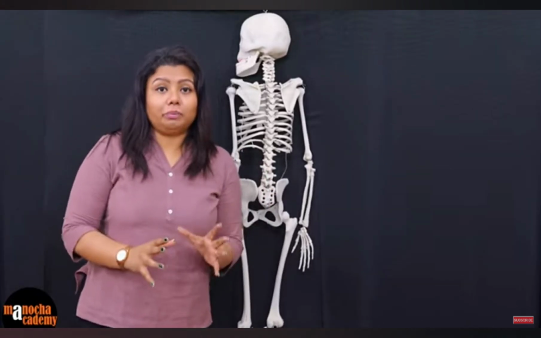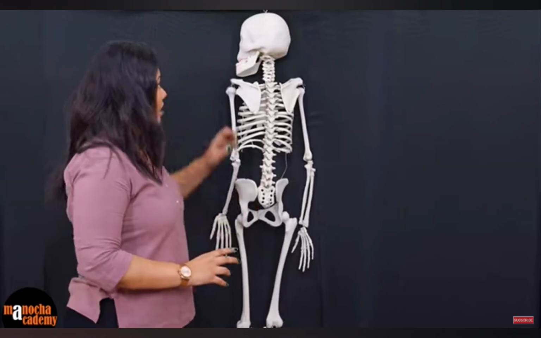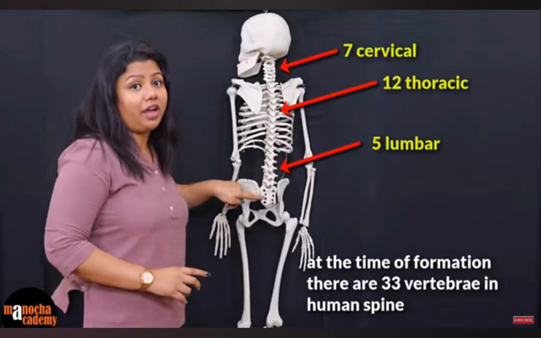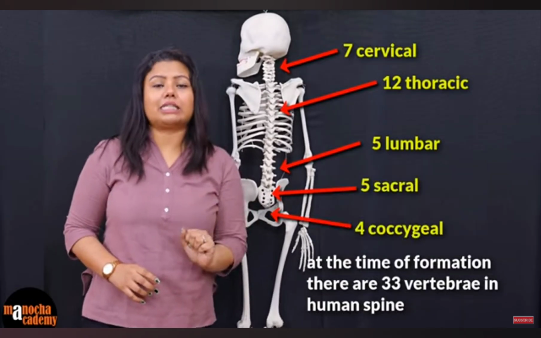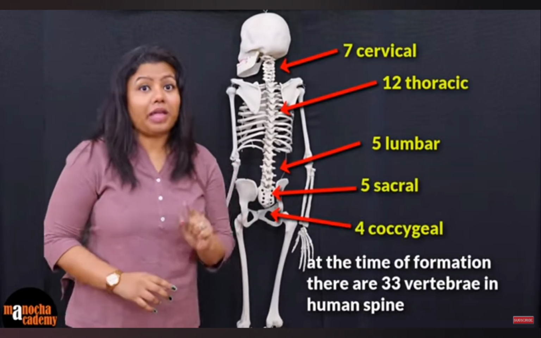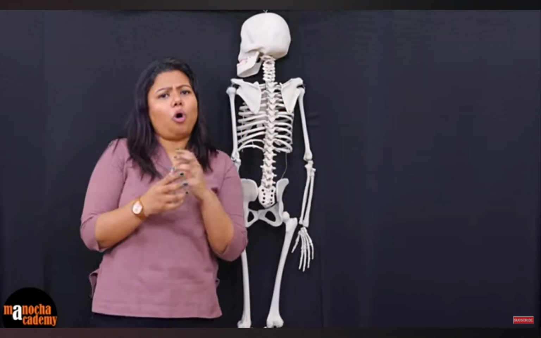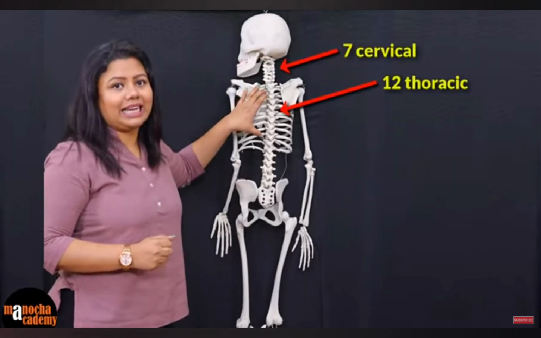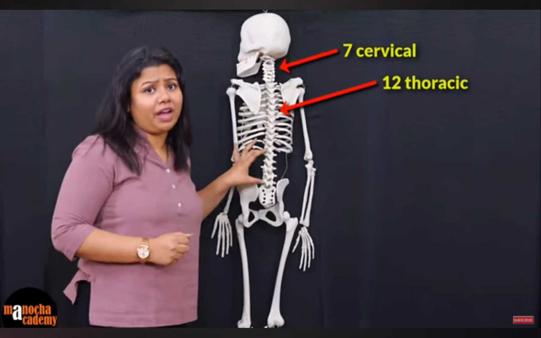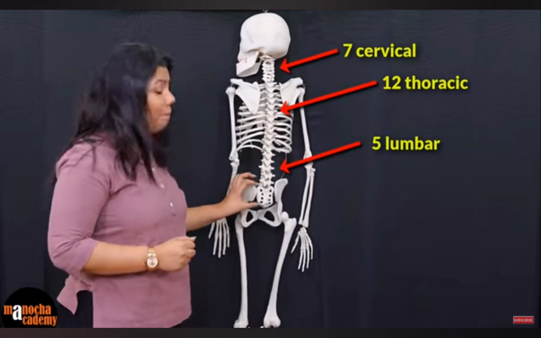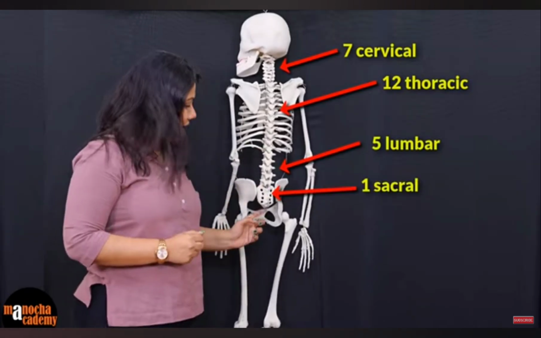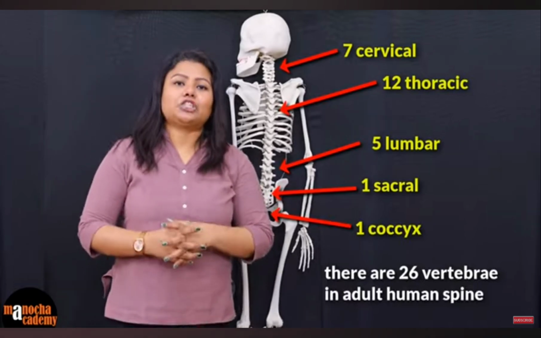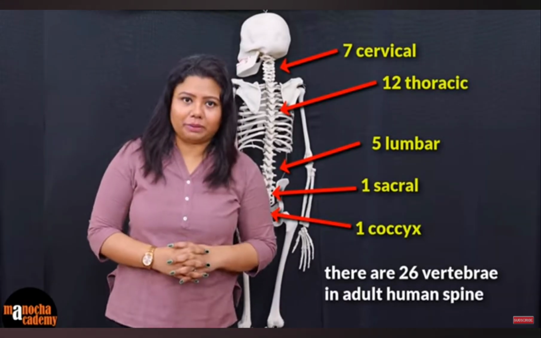So, when the vertebral column is being formed, there are 7 plus 12 plus 5 plus 5 plus 4 vertebrae, that is 31 vertebrae. However, after all the fusion, we have 7 plus 12, that is 19, plus 5, that is 24, plus 1, that is 25, plus 1, that is the coccygeal or the tailbone, that is 26 vertebrae.